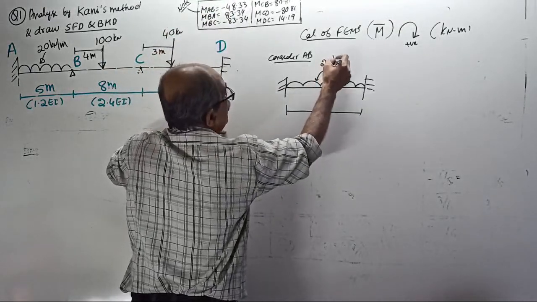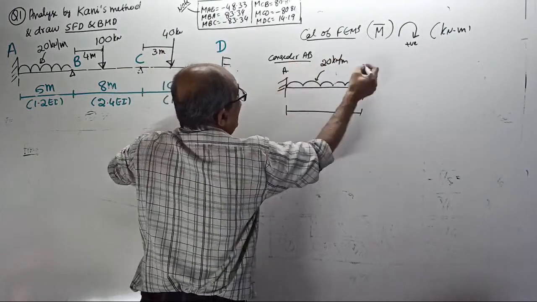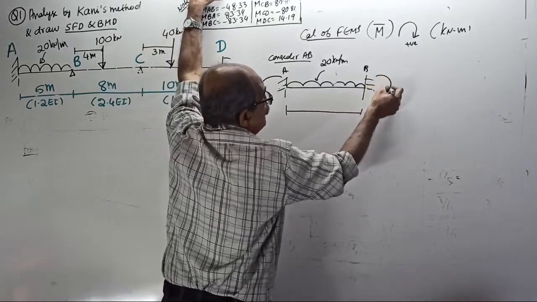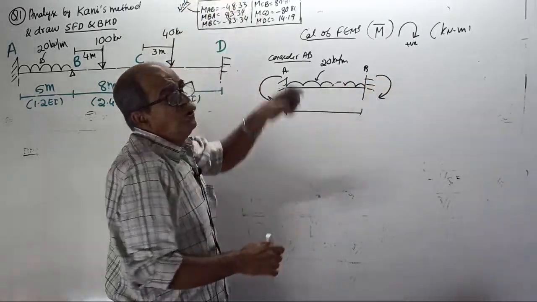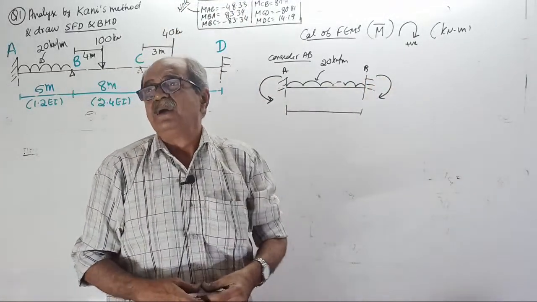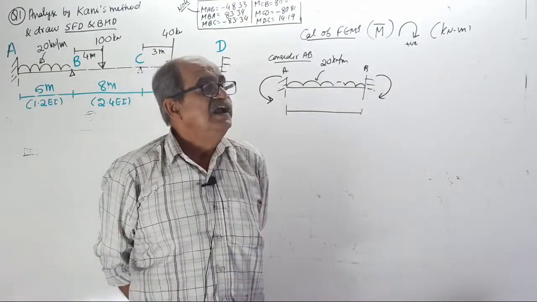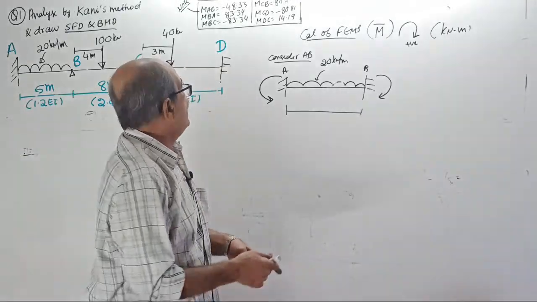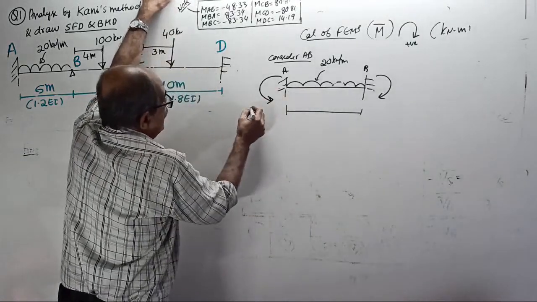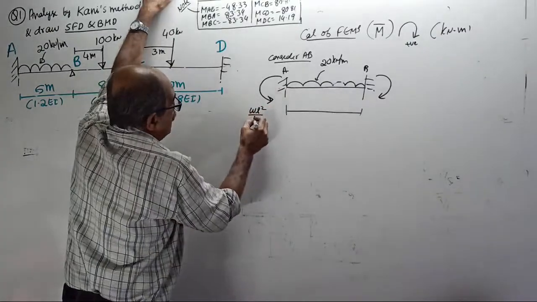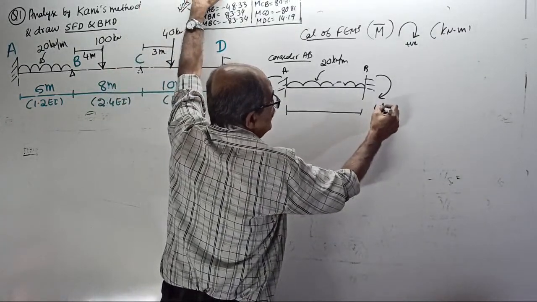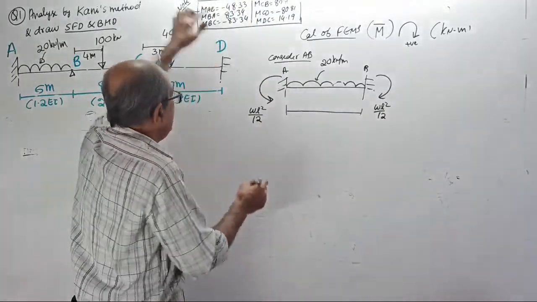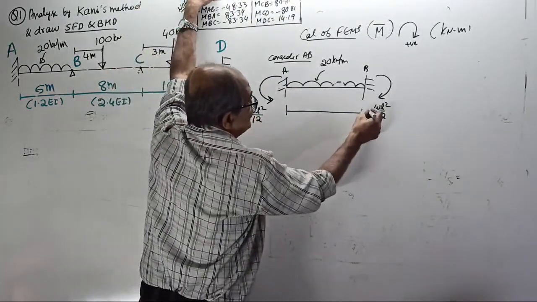UDL, how much? 20 kilonewton per meter. This is A, this is B. This is anti-clockwise, this is clockwise. This I told you in the YouTube class earlier, before my course started. It was for public, so I should not explain it first. For UDL, WL square by 12, and this also is WL square by 12. Some people write minus here and plus here.